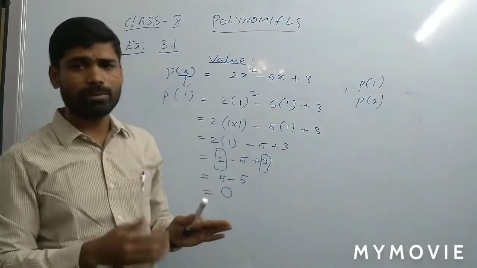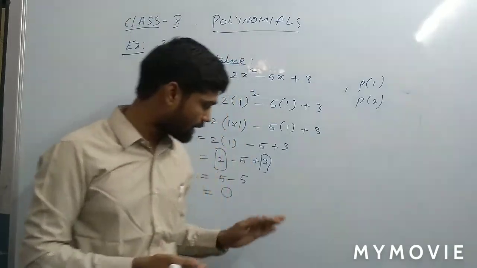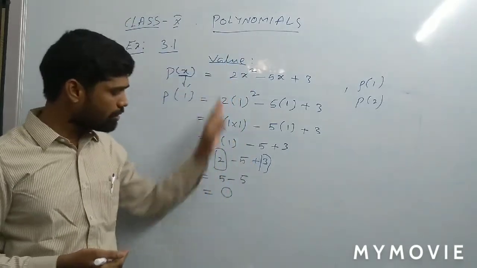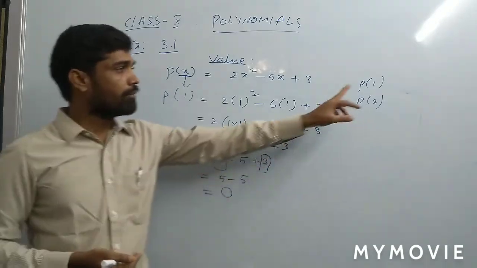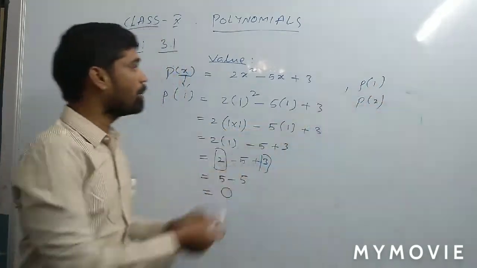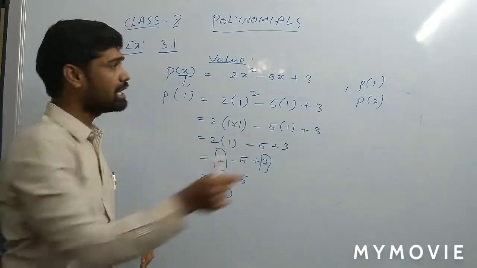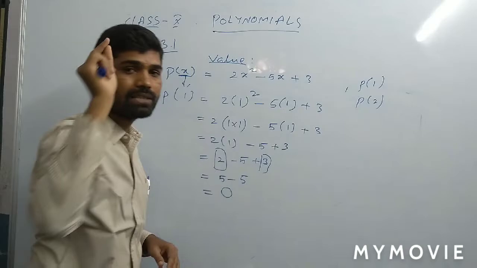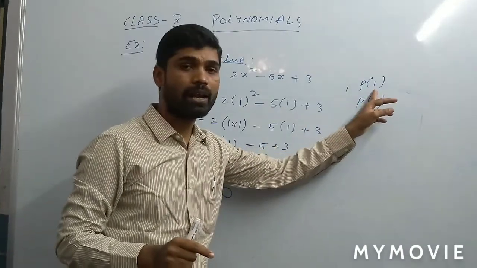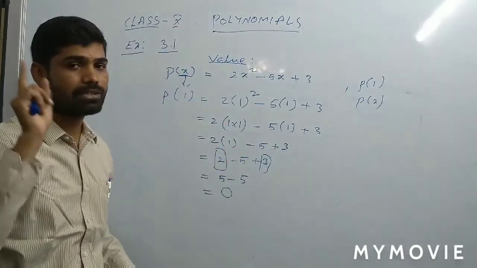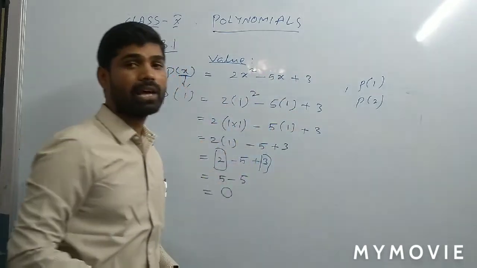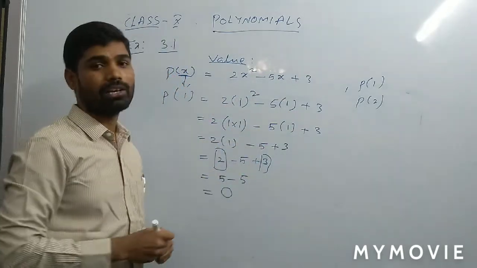Whatever value we may get, either 2 or 5 or 6, the final result may vary, but here the value is 0. Means when we write 1, this 1 makes the value of the polynomial 0. Means 1 is making the polynomial 0, so 1 is called a 0 of the polynomial.